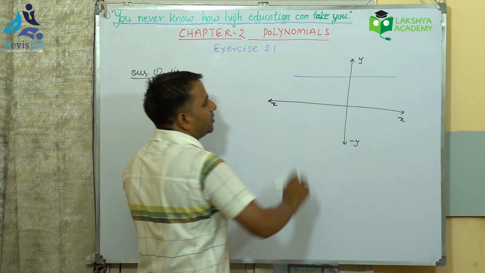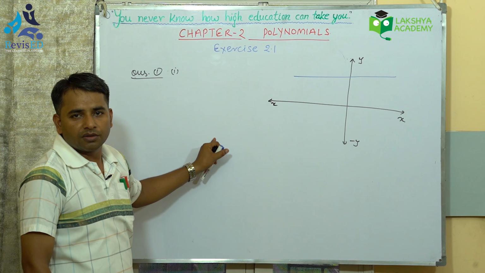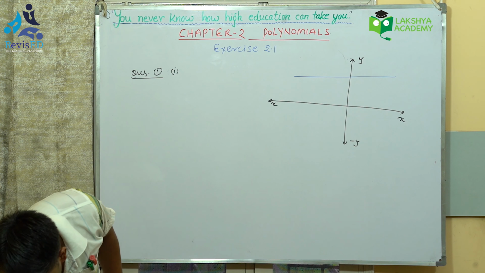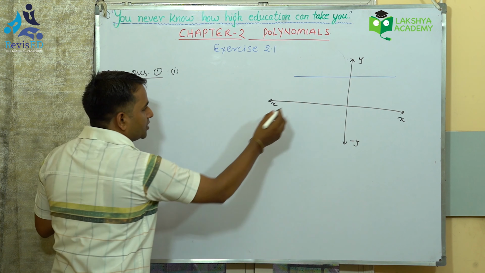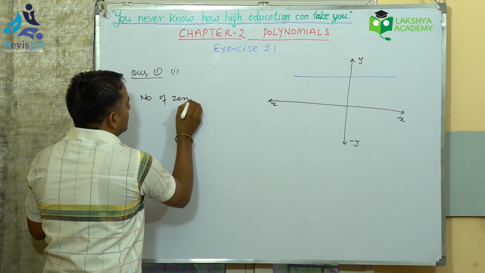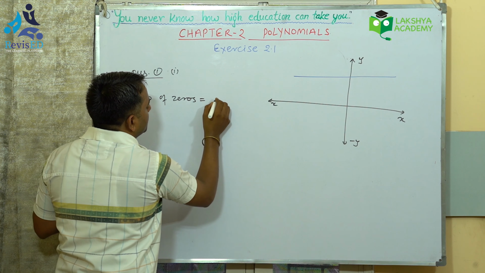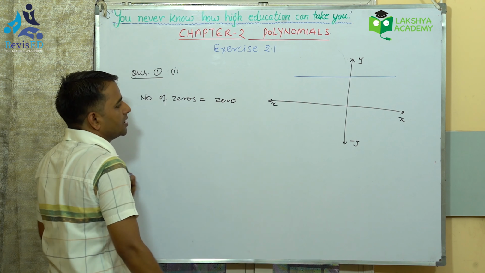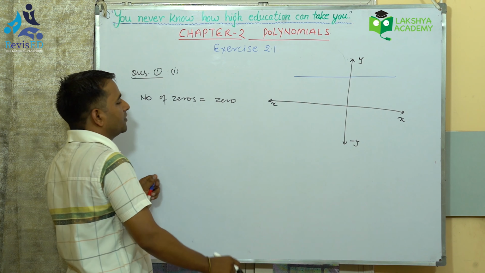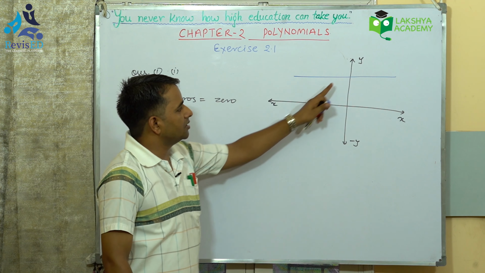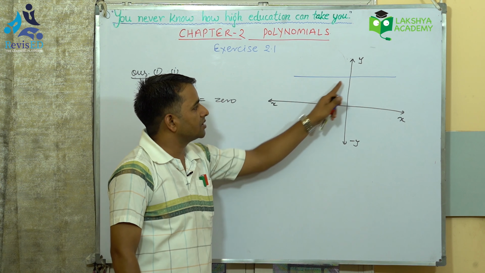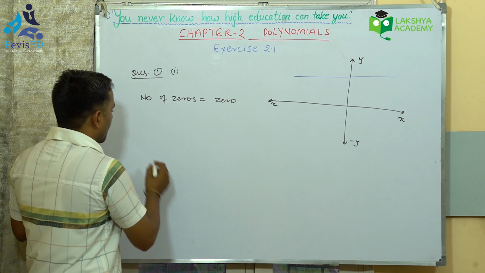So there won't be any solution. So this is having zero number of solutions. Find the number of zeros. Here the number of zeros is 0, meaning it is not intersecting or touching the x axis anywhere. Therefore the number of zeros, or we call it number of solutions also, is 0 in this case.